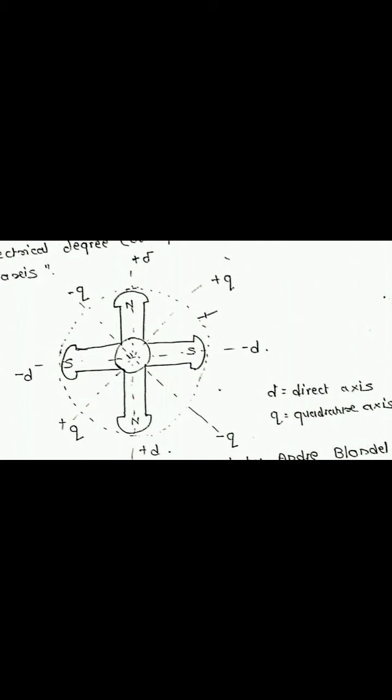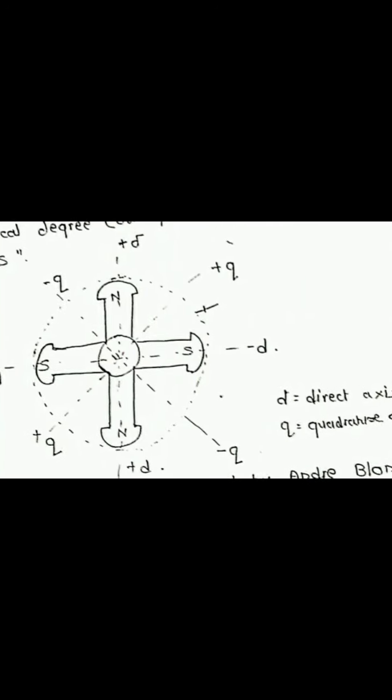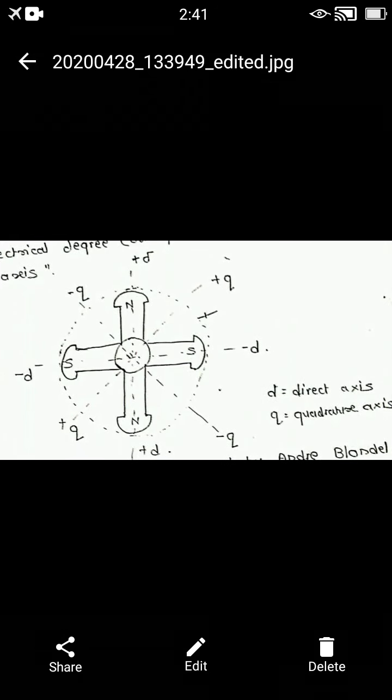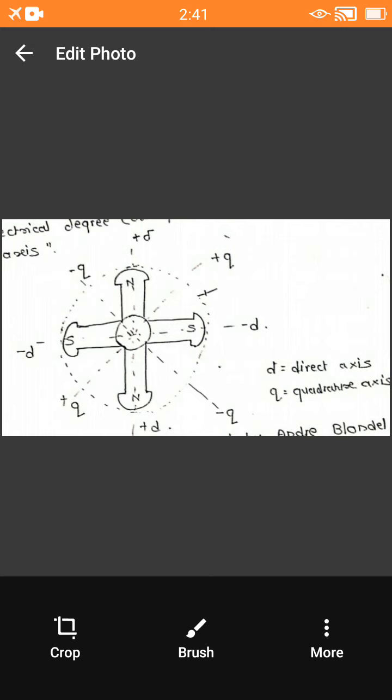The quadrature axis is lagging, and the one toward the north pole is taken as the positive q axis as shown in the figure. The quadrature axis is so named because it is 90 degrees electrical, that is 1/4 cycle, away from the direct axis. So this is called the quadrature axis of the alternator.